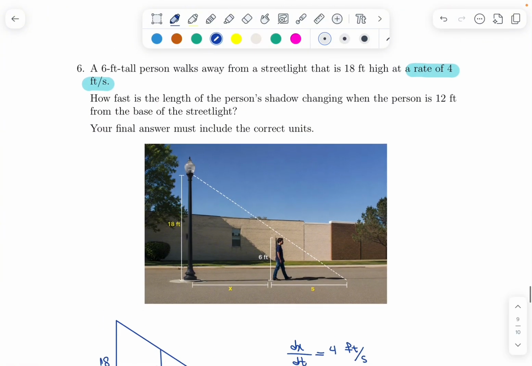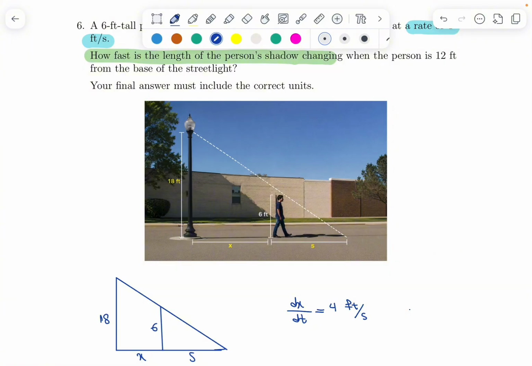The question asks us to find ds/dt when the person is 12 feet from the base of the street light, when x is 12.